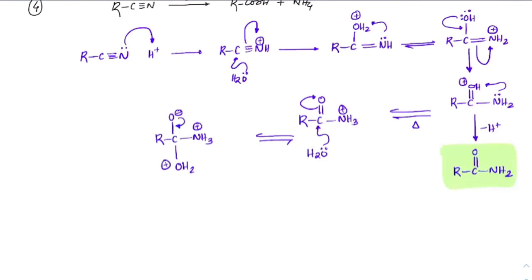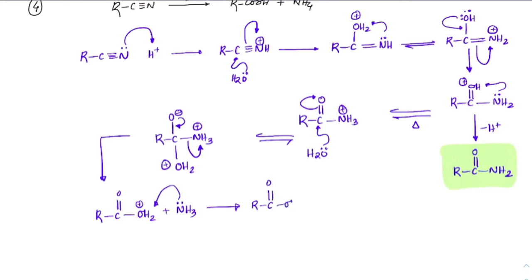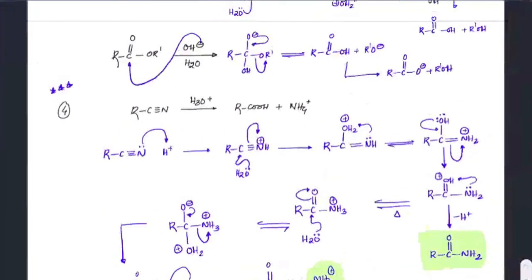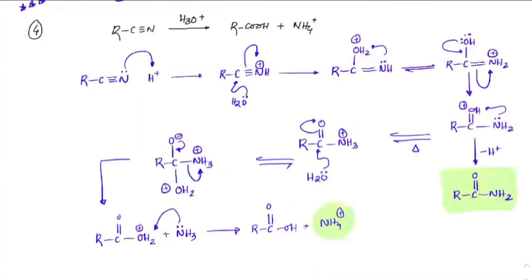So this group will go and NH3 will leave from here. RC double bond O, OH2 plus, NH3. So this NH3 will take away this H plus, and that's how it is becoming RC double bond OH plus NH4 plus. So I told you that the final product in acidic medium will be an ammonium salt with acid. Okay. Please go through the mechanism, everyone.